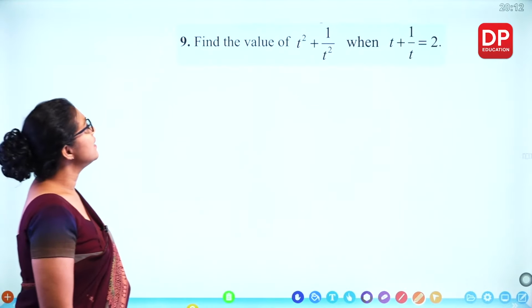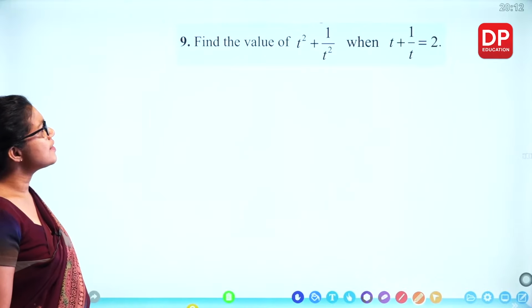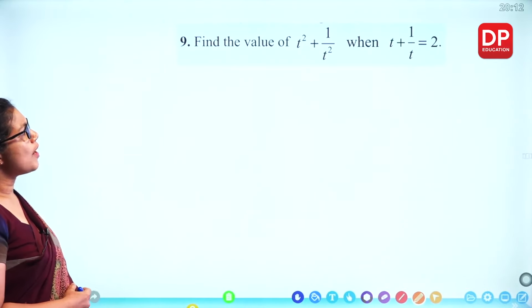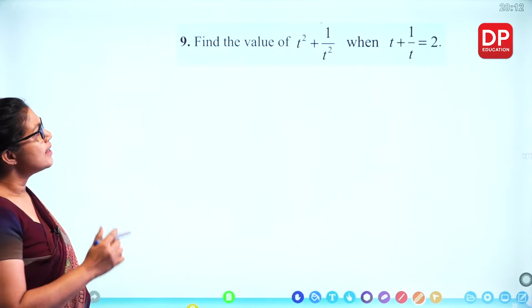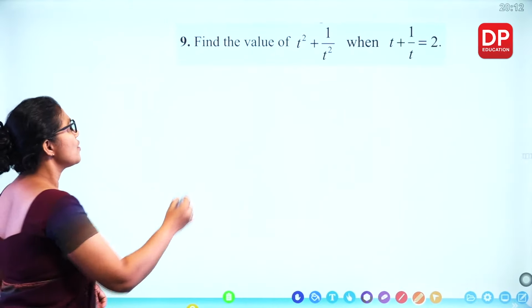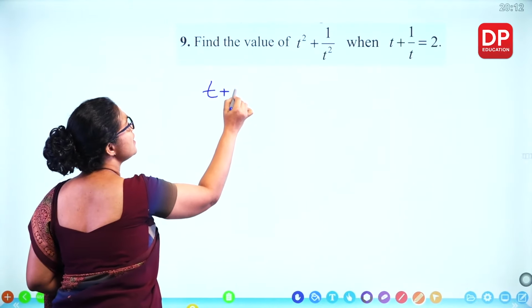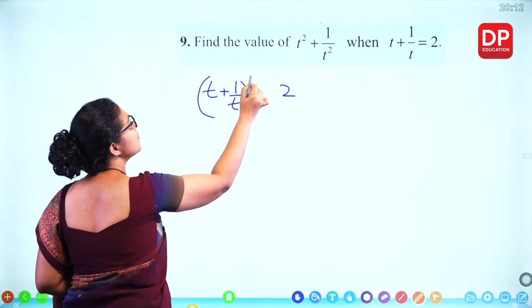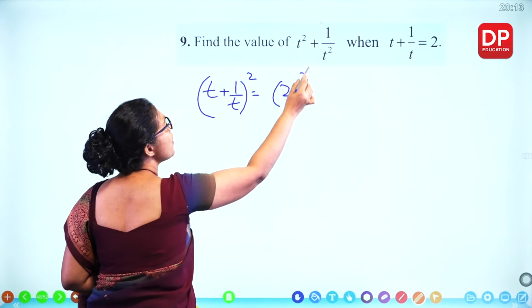Now we'll take the last question of this chapter. t squared plus 1 over t squared: you are asked to find this value when t plus 1 over t is 2. So we can take that expression and square both sides. Why are we squaring this?